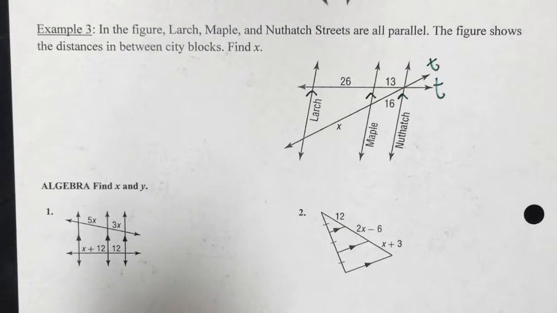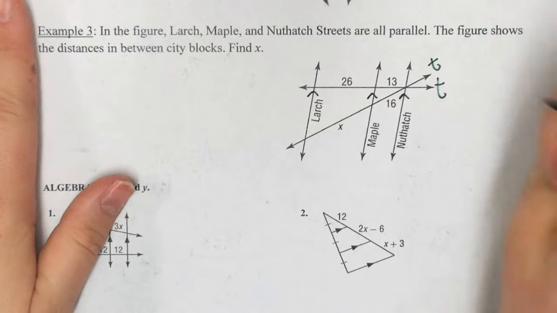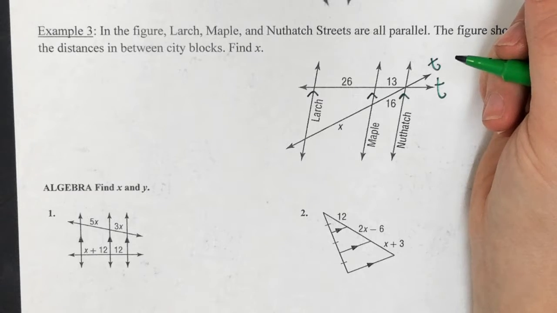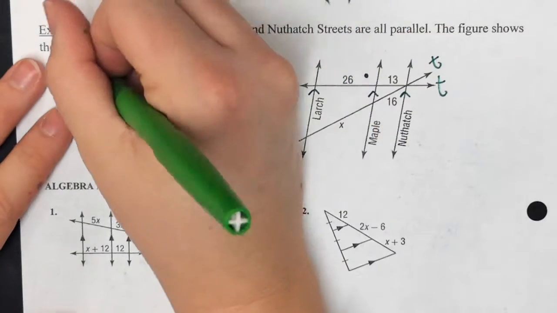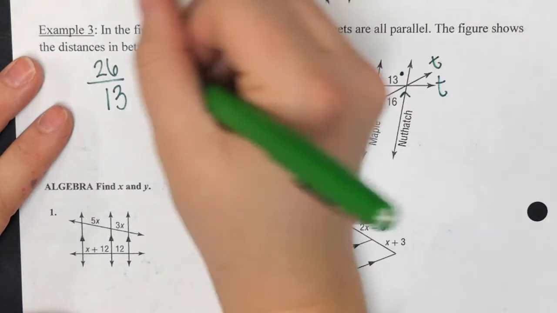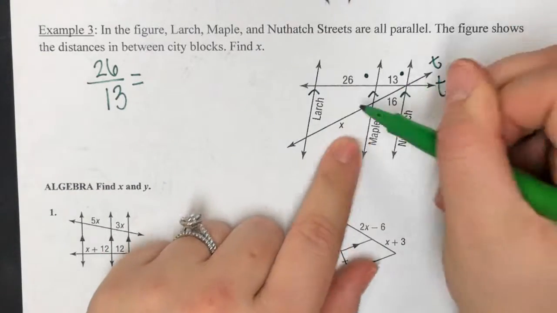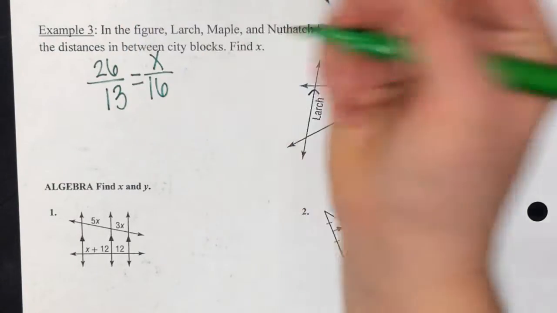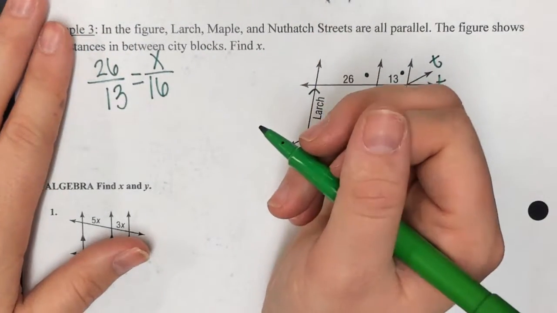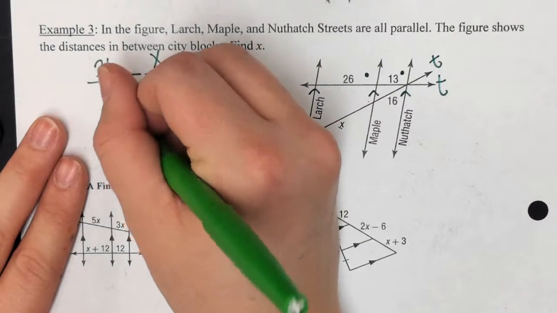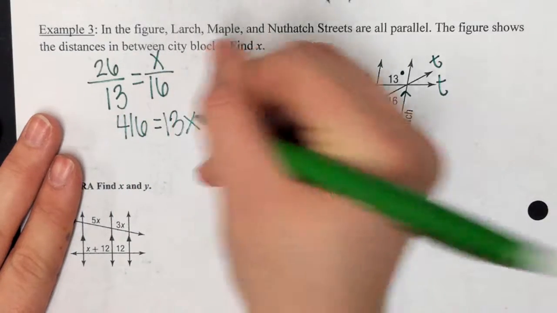So we have 3 parallel lines cut by 2 transversals, which means you can set 26 over 13 equal to x over 16. 26 times 16 is 416, which is equal to 13x.